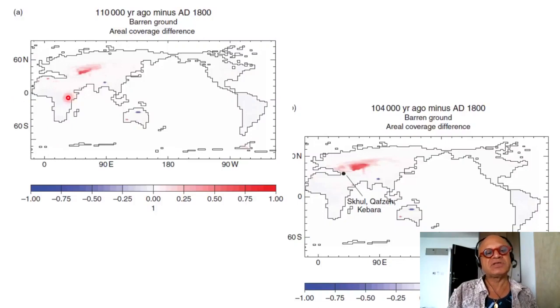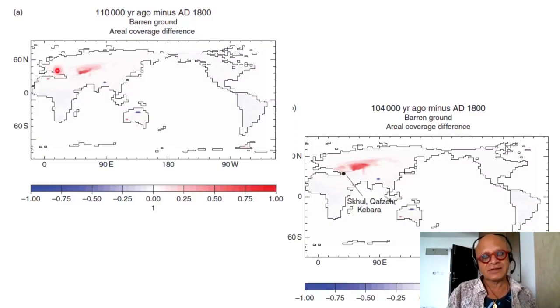So what does this mean? Does this provide some guidance on the spreading of the hominins into Asia and not so early, not so far back into Europe and so on?